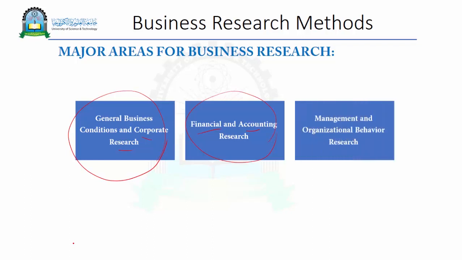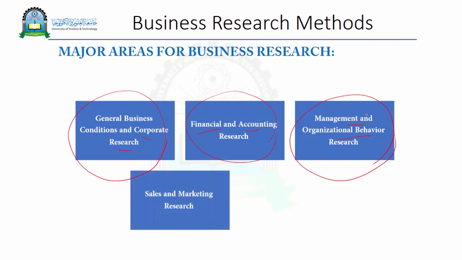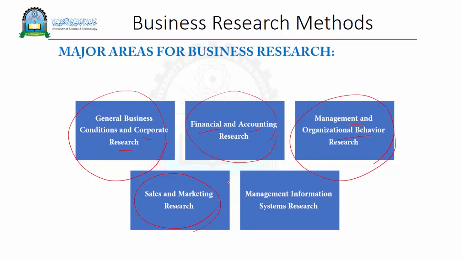The third area is about management and organizational behavior, something related to the behavior of the employees inside the organization, and the management and leadership and whatever is related to managing the workforce in the company. The fourth is going to be about sales and marketing, which is also one of the most important functions for any organization. The fifth is going to be management information system research, which is about the information system.